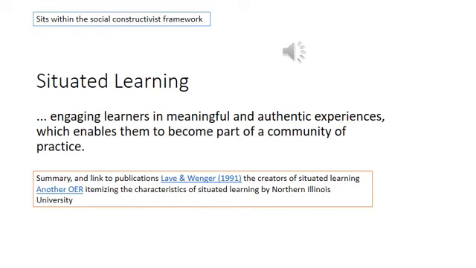So for instance, when I did counseling training, we had to run a session and record it with one of our peers and counsel them on an issue they had in that situation. So that was a meaningful and authentic experience. But either if you see it as a theory or if you see it as a model, it still sits within that social constructivist framework.